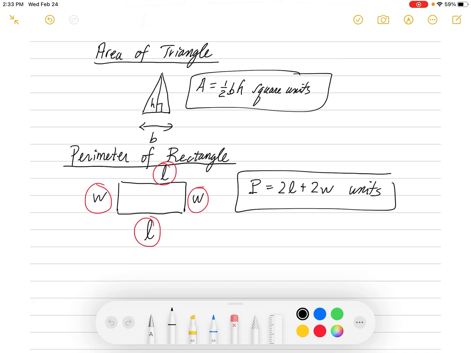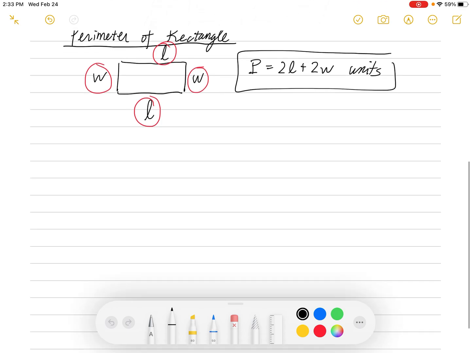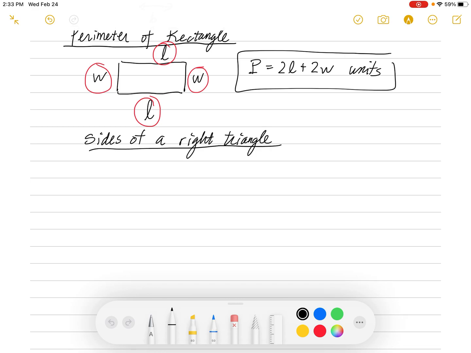Let me see some other important formulas you should know. Okay, so let's say you're talking about the sides of a right triangle. So let's say I have a right triangle. So it's a triangle with one of the angles being a 90-degree angle here.